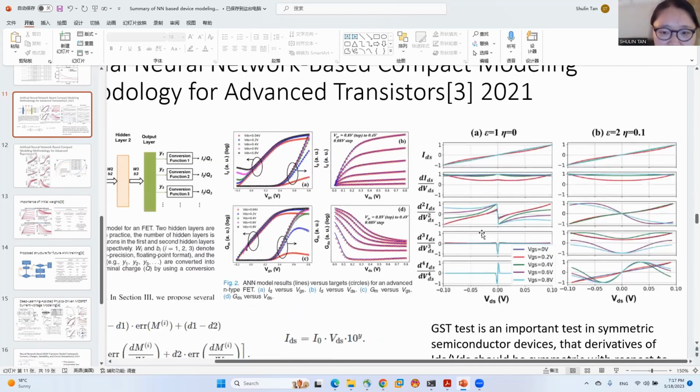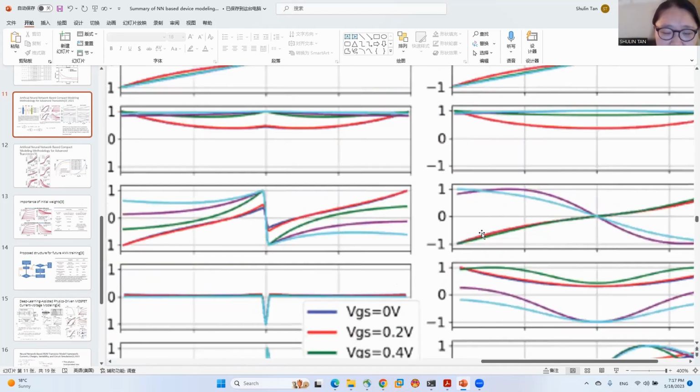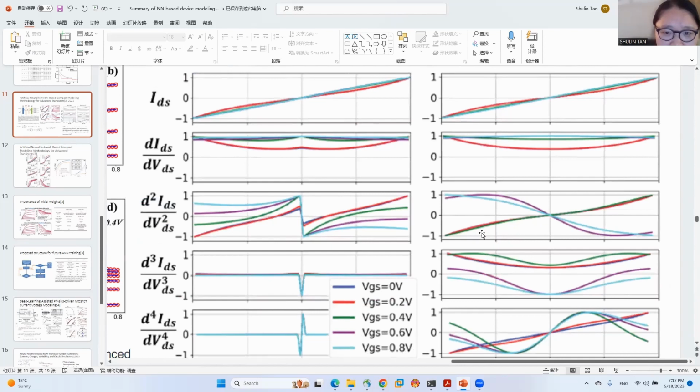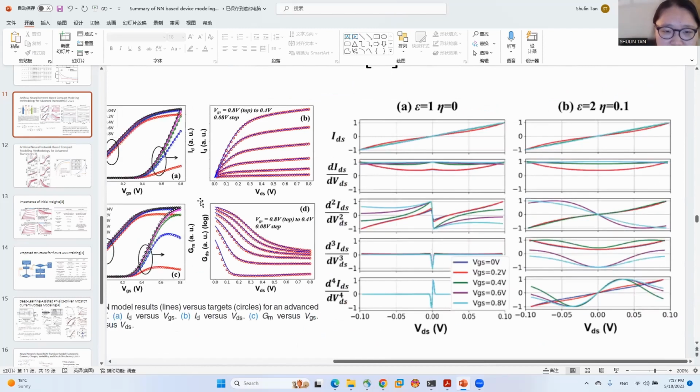If you only train the model with VDS on one side, with VDS larger than 0, the neural network cannot pass this Gummel test. The model is not symmetric.